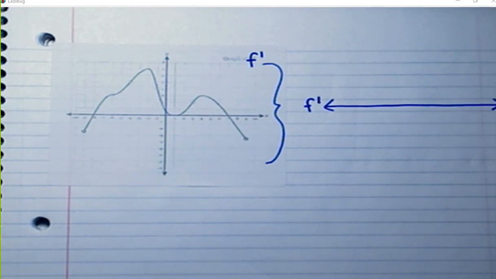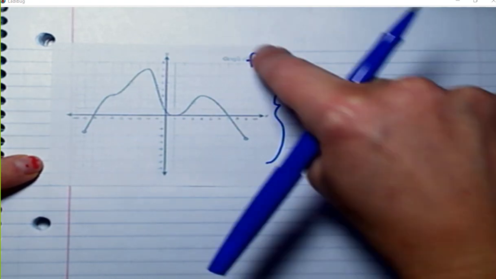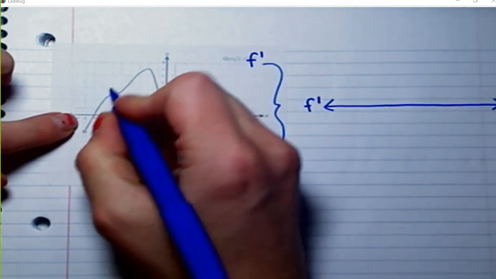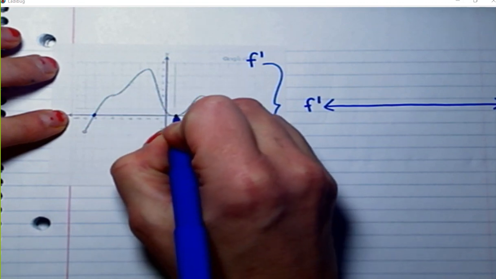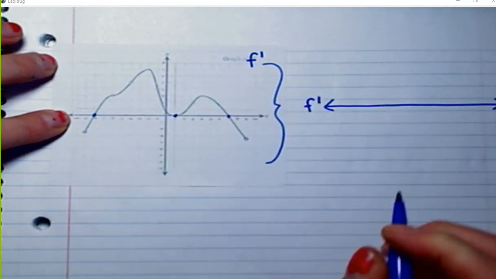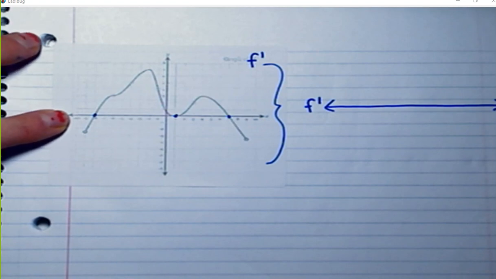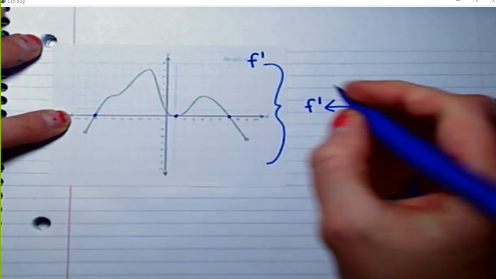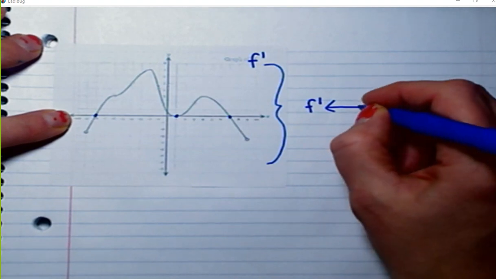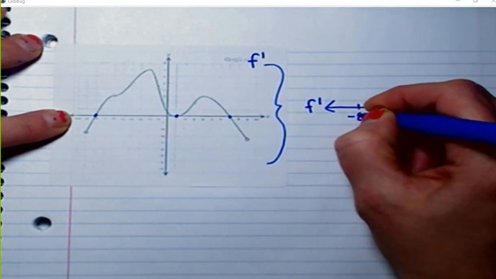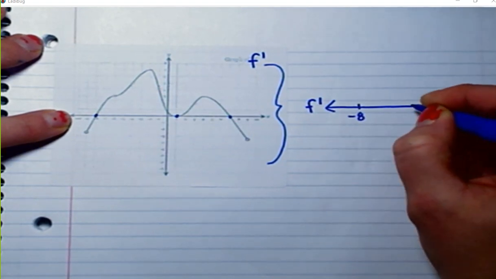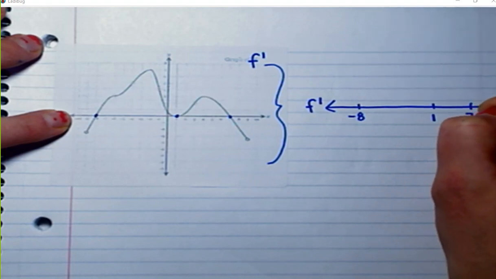And so when I do the F prime number line, it's important to note the labels are matching. 1, 2, 3. I see 3 zeros on the F prime graph. That's a -8. Okay, so I got a -8, a 1, and a 7.